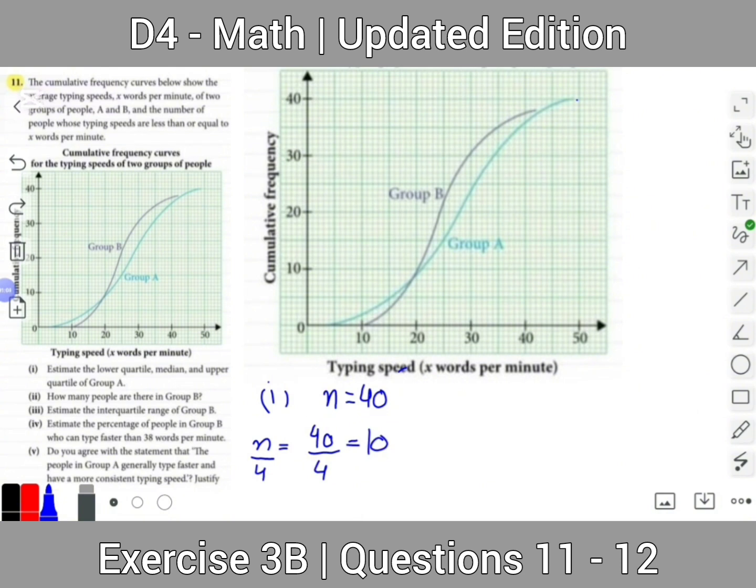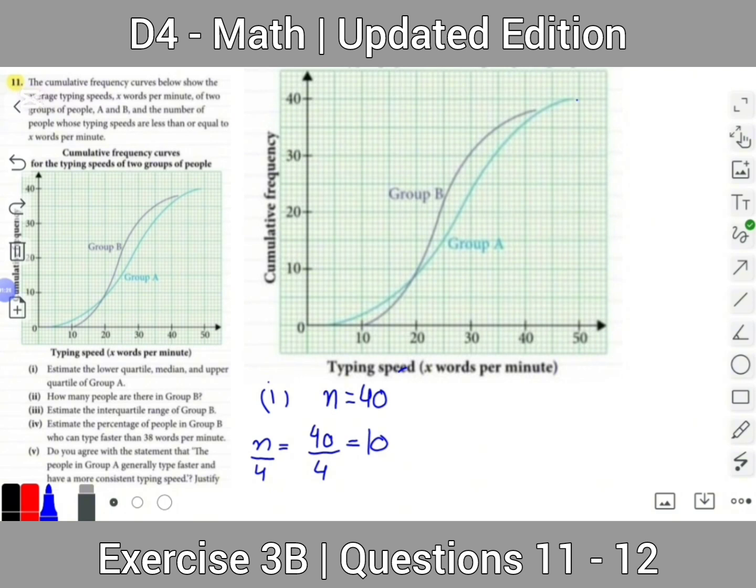Now an estimated value of the lower quartile can be found by looking at the data value corresponding to the cumulative frequency of 10.